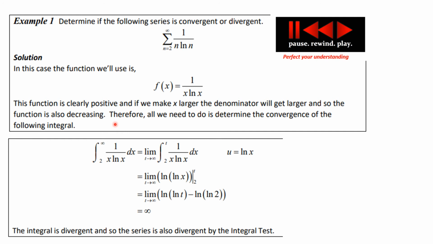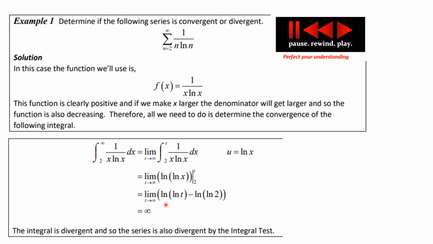Well, let's compute this integral. The improper integral from 2 to infinity of 1 over x ln x dx is the limit as t tends to infinity of this. We do a u substitution, u equals ln x. And when we do the integral, and make sure you follow this, this is the limit as t tends to infinity of the natural logarithm of ln x evaluated at t and 2.